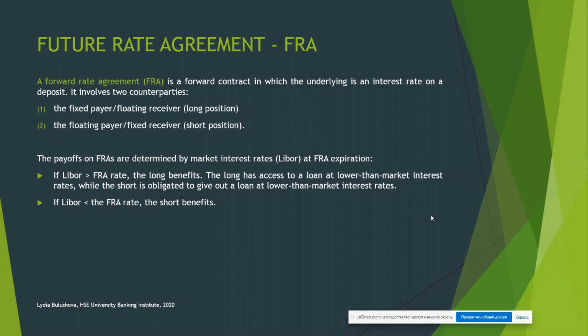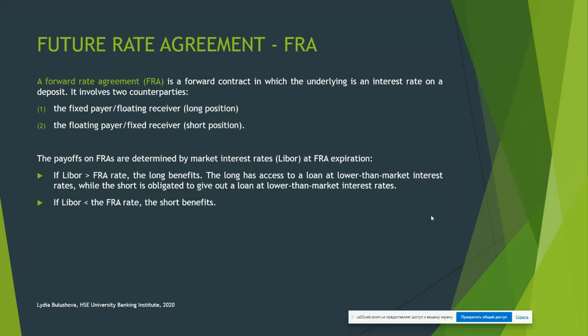We call it future rate agreement or forward rate agreement. FRA is a forward contract, it's not an exchange traded contract, in which the underlying is an interest rate on a deposit. It involves two counterparties, a fixed payer or a floating receiver. We call this party a long position.